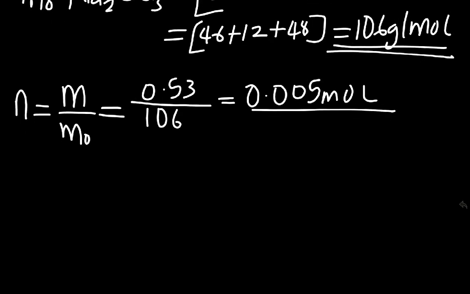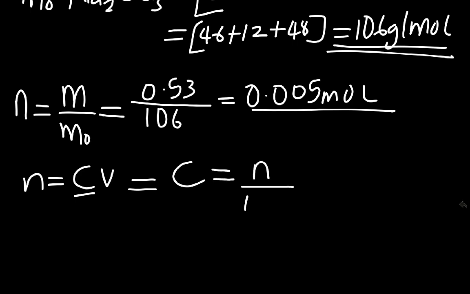Your next step is to solve for the molar concentration of sodium trioxocarbonate(IV), making use of the mole. You need to first recall the relationship that mole equals molar concentration times volume. In this case, you want to solve for the molar concentration, so making it the subject, you get mole over volume.